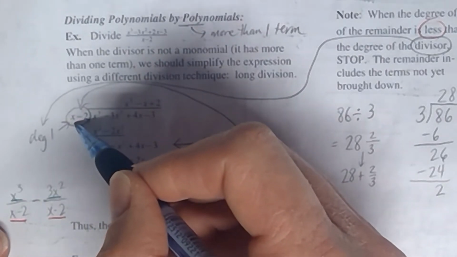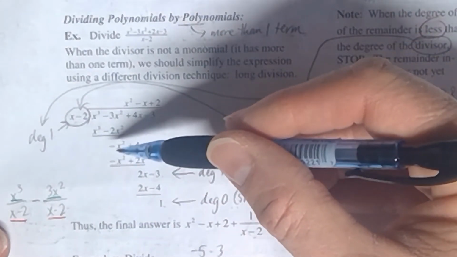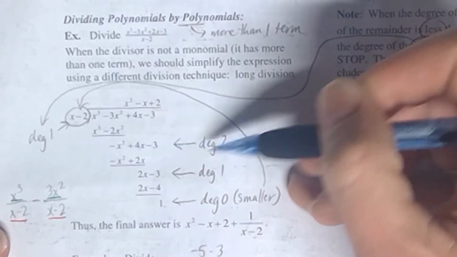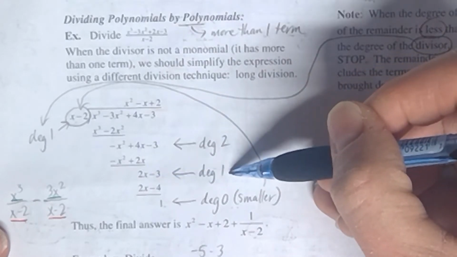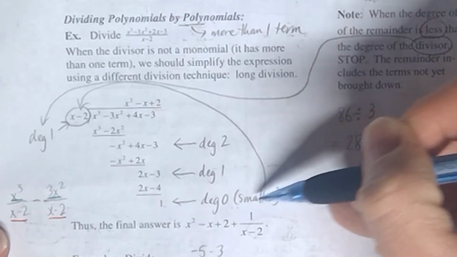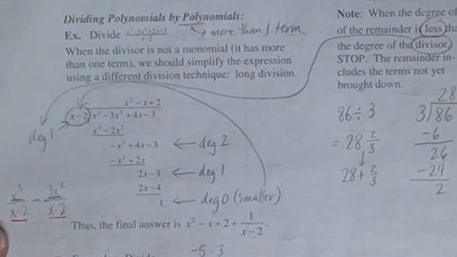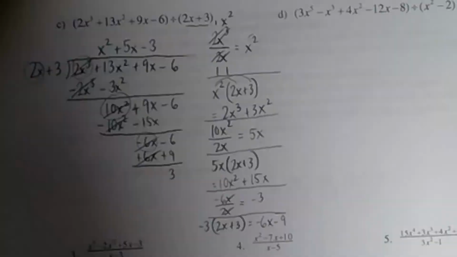The highest degree term tells you the degree of the whole thing. This right here, because of the x squared, is a degree 2 term. This right here is a degree 1 term. And so I need to keep on going until the degree of the remainder is a smaller degree than the degree on the outside. Now look back over here.